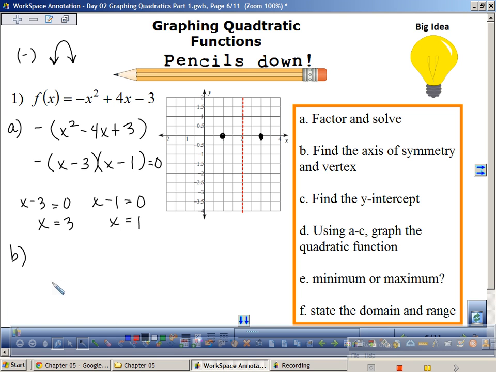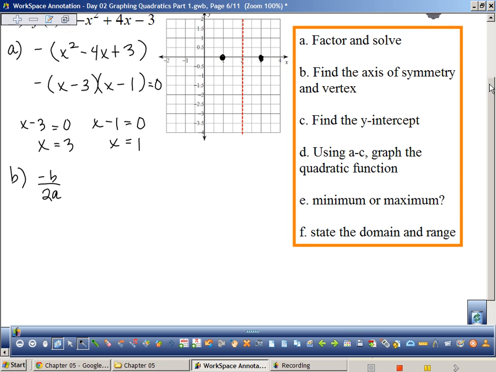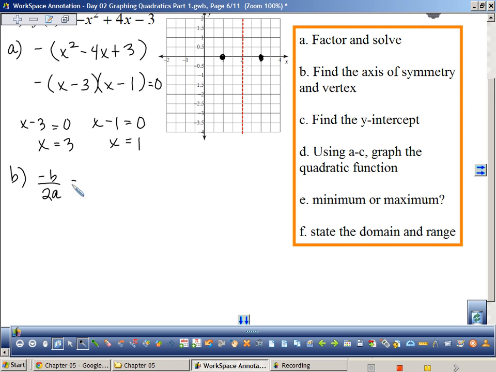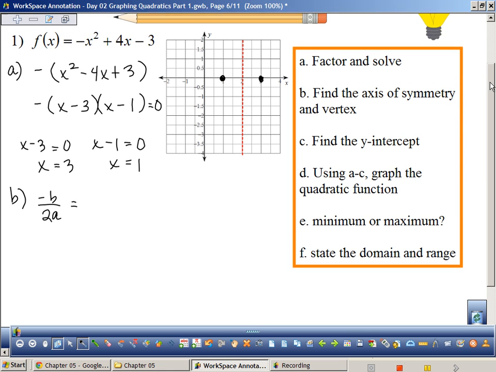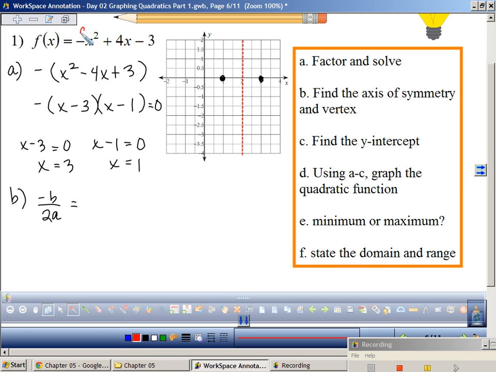The equation for an axis of symmetry is negative b over 2a. So negative b over 2a. Let's identify our a, b, and c. Here's a. We have to go back to the original, right?